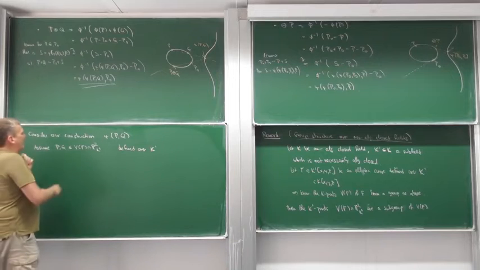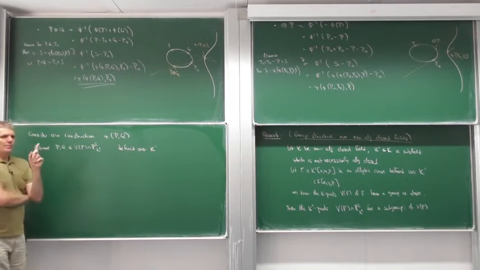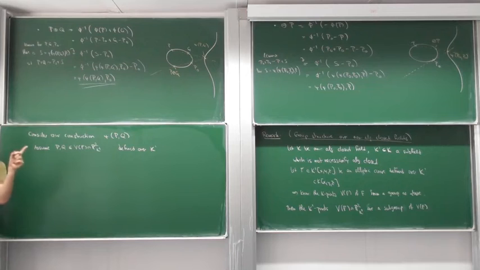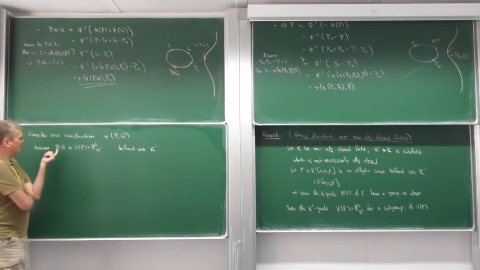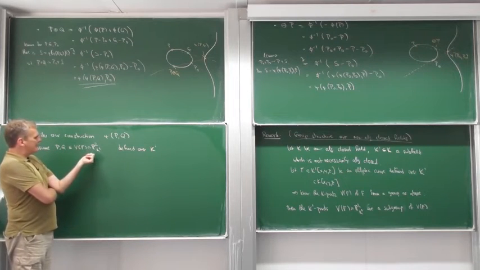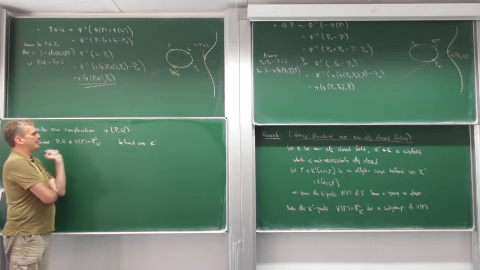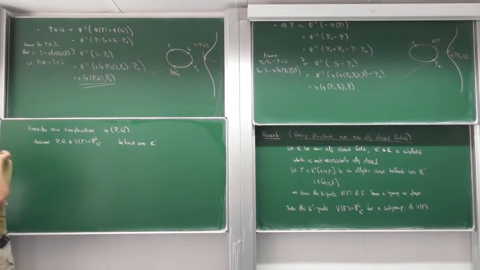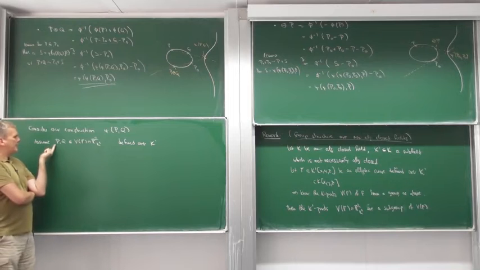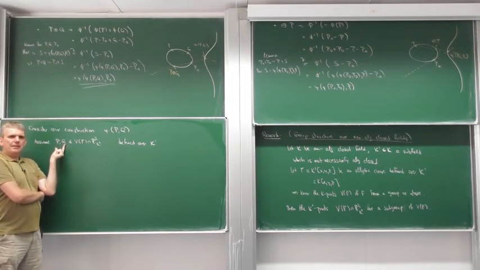But for a cubic polynomial, the sum of the three zeros is one way to say this. Another way of saying this is the following. If we restrict the cubic curve to the line through the points, it will be a cubic polynomial. And we know already that it has two zeros over K prime, namely P and Q. And then the third will also be over K prime.